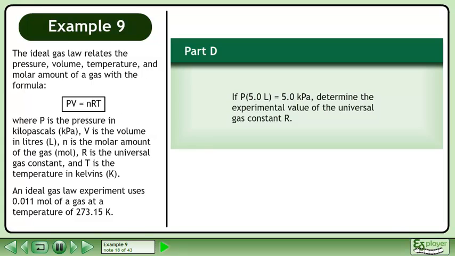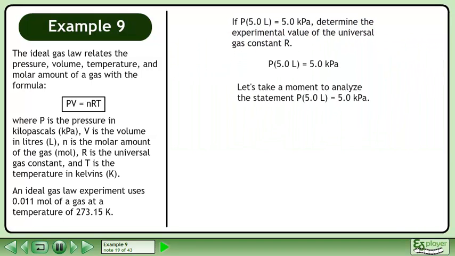Now we'll move on to part D. If P at 5.0 liters equals 5.0 kilopascals, determine the experimental value of the universal gas constant R. Let's take a moment to analyze the statement P at 5.0 liters equals 5.0 kilopascals.